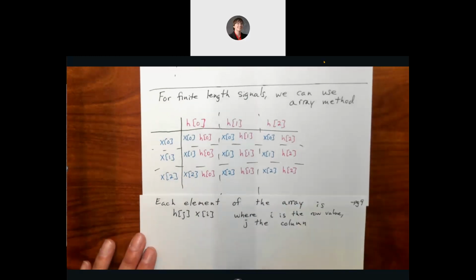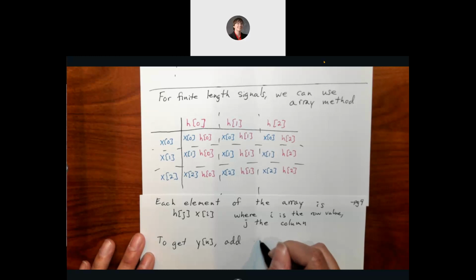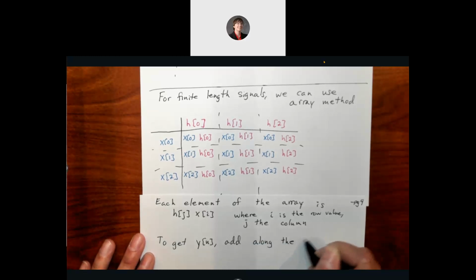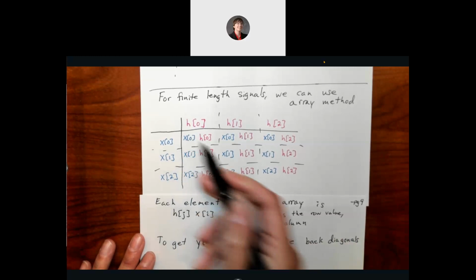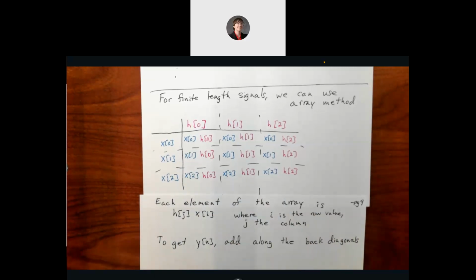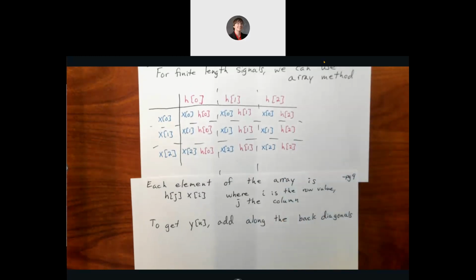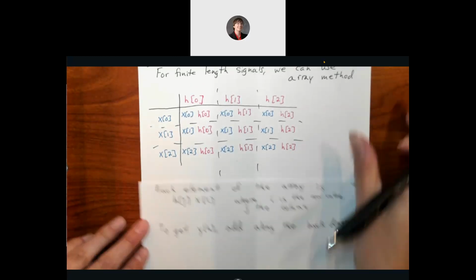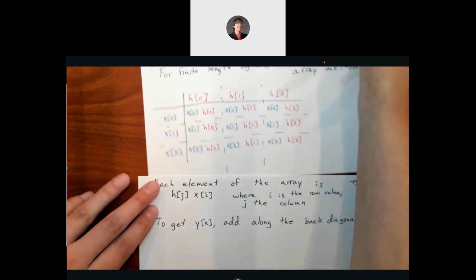And then to get the actual y of n, you're going to add the elements along what I'm going to call back diagonals, just because for me, I would think that these would be your diagonals. We're going to be looking at the ones angled more like a backslash.